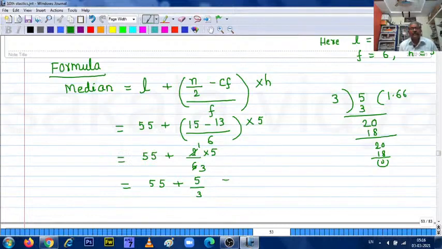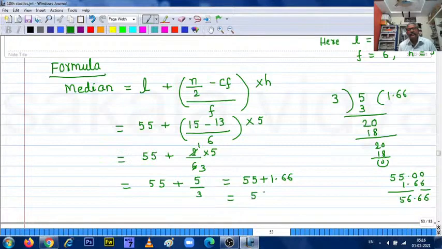So that's why this equals 55 plus 1.66. Now write 55.0 and add 1.66: 6, 6, 6, 6. That means 56.66. So you need to write the answer like this.